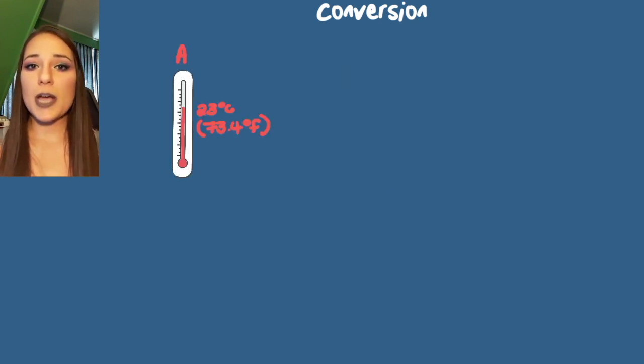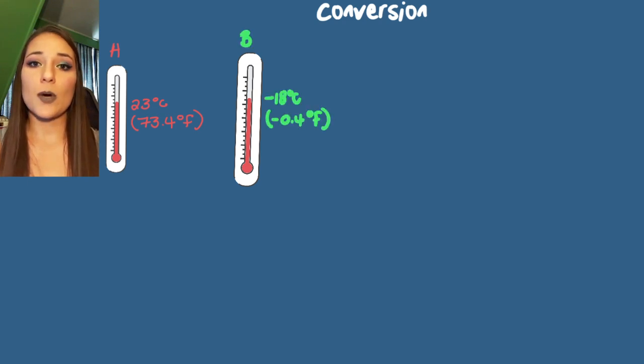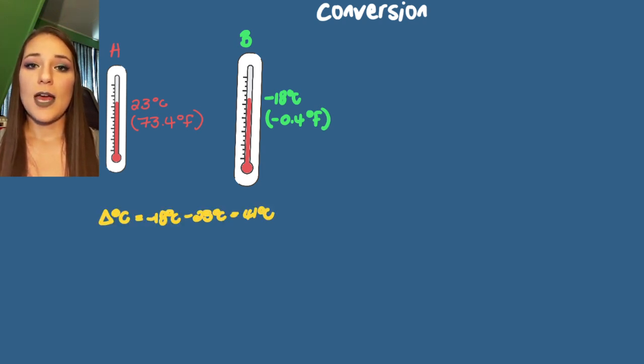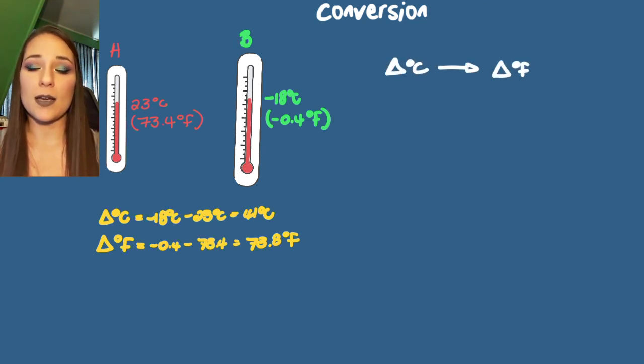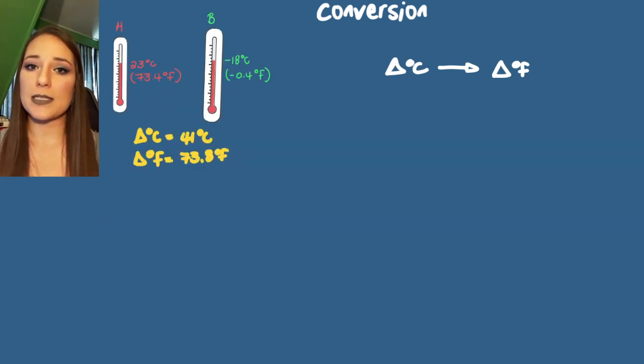We have temperature A and temperature B in both degrees Celsius and degrees Fahrenheit. So we calculate the delta temperature for both of the 2 scales. If we wanted to convert the delta temperature directly without having to convert the individual point temperatures, how would we go about this?